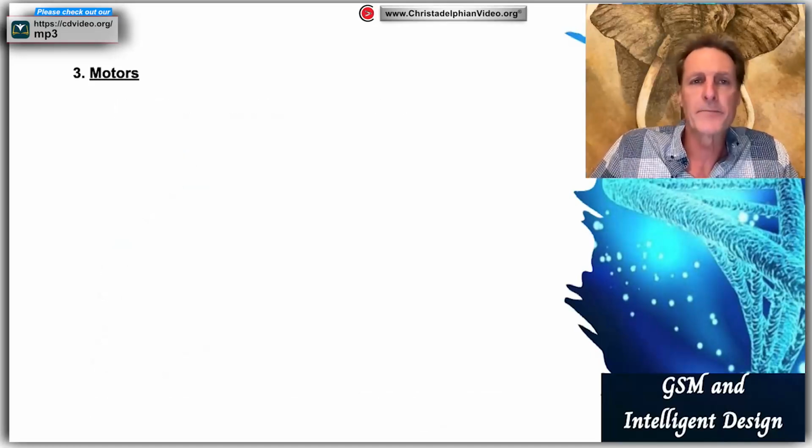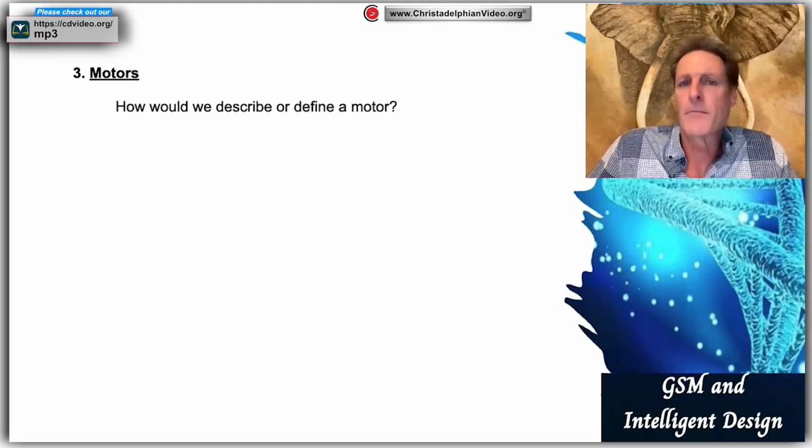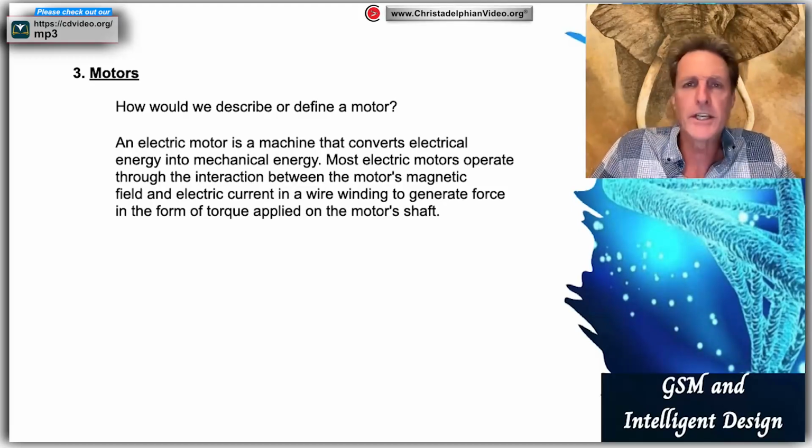And in our last letter, M stands for motors. A motor is a seriously complicated piece of equipment with a lot of different parts, all contributing to its ability to function and work. And how would we describe or define a motor? Well, an electric motor is a machine that converts electrical energy into mechanical energy.